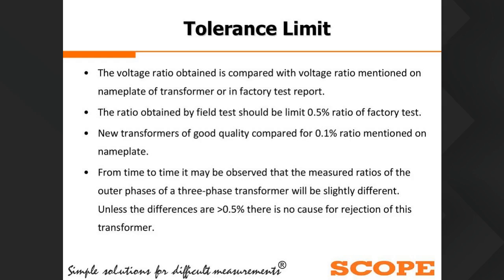That will happen, but only if the difference between both phases is above 0.5% can we say the transformer has some issue, and we will go for rejection. So this thing we need to consider.